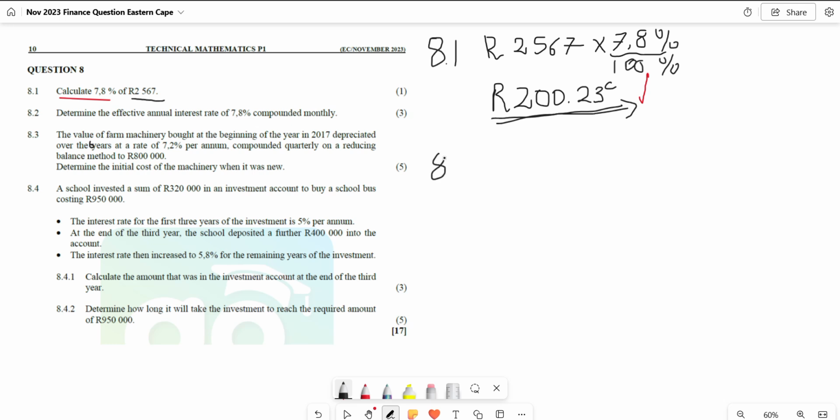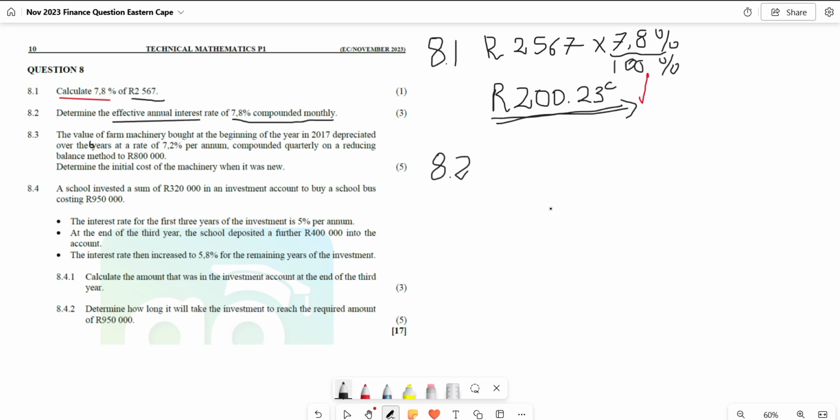8.2. In 8.2, we are required to determine the effective annual interest rate, the I effective, of 7.8% compounded monthly. Remember, the question requires us to find this part, the I effective.